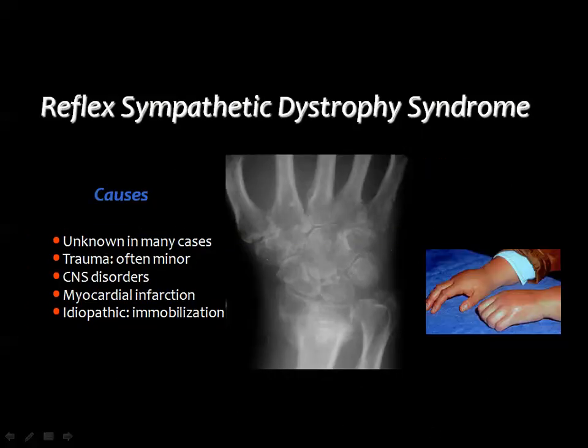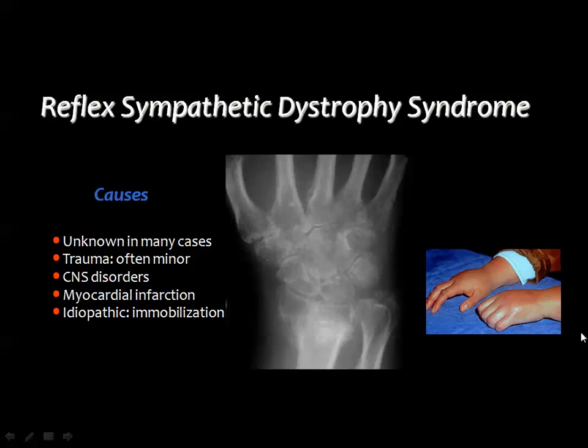These are the supposed underlying causes of this syndrome. In many cases, the cause is unknown. The trauma is one of the causes, CNS disorders, myocardial infarction, and sometimes immobilization.